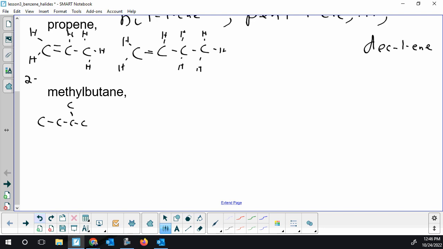So the next members of the homologous series, the parent will grow and the methyl will stay in the 2 position. So the next member is 2-methyl and not butane, but it'll be pentane. The next member still has to be 2-methyl.